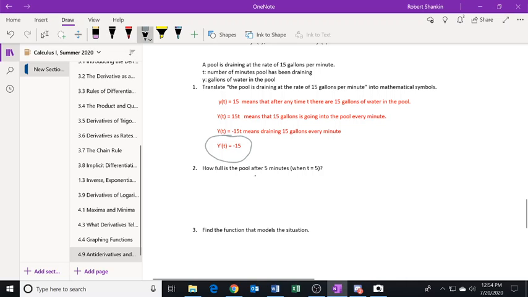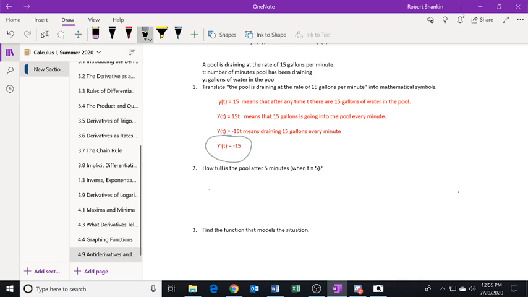Okay. Group 4. What do you have for number 2? So, any response from group 4? Oh, hello. Sorry, my mic wasn't plugged in yet. But what I was saying is, my thought process on 2 was that since there has to be an initial amount of water in the pool, it'll be that minus 75.